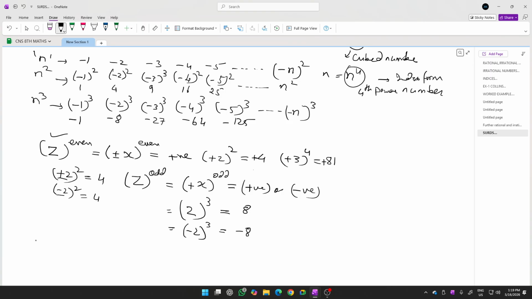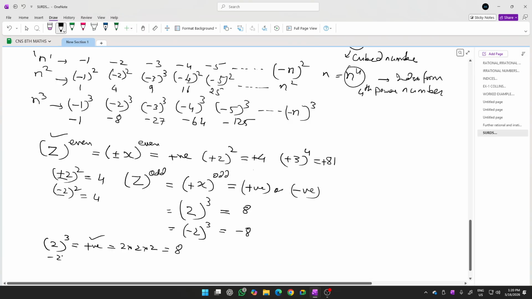Okay. Take some examples so that quickly you will get to know and you will understand this very nicely. Suppose it is 2 raised to 3. Now because 2 is positive integer and this is odd, so answer will be positive. Let us check what will be the answer. 2 raised to 3 will be 2 into 2 into 2, which is equal to 8. And can you say it is positive?